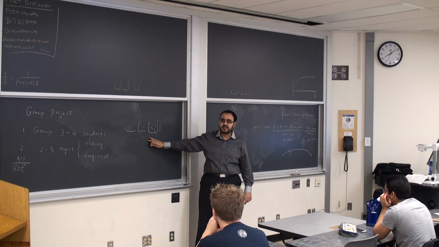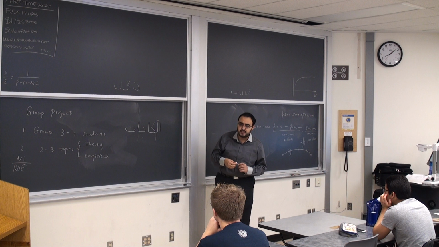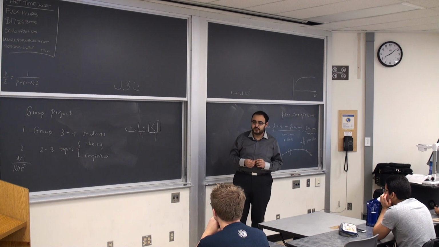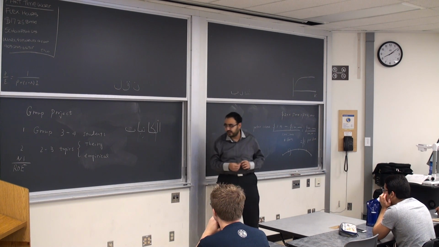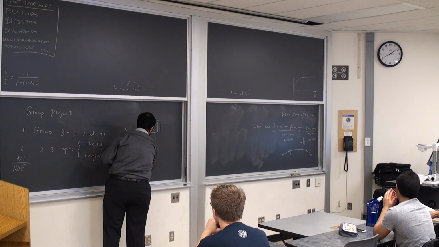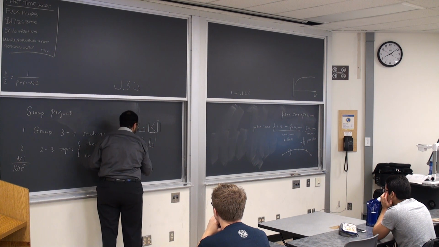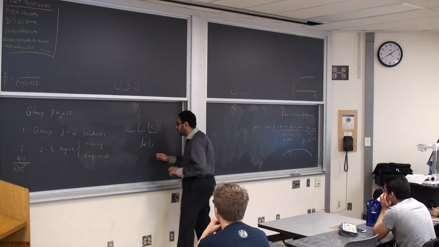So what about the second part? It will be katib. Can we fit that part into any pattern that we know? فاعل, exactly. So it will be the pattern فاعل. How can we know the root now?